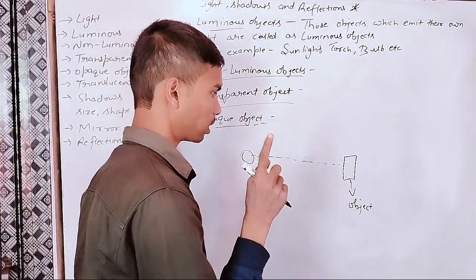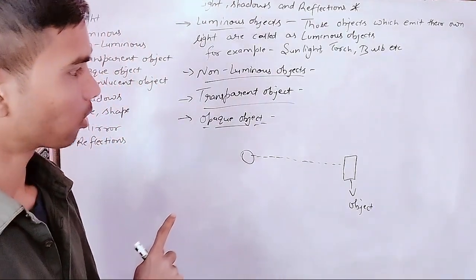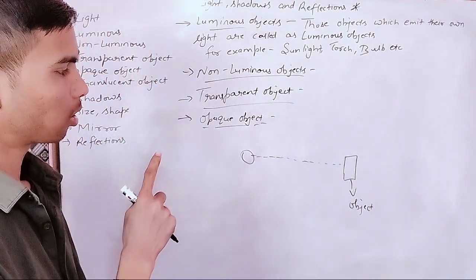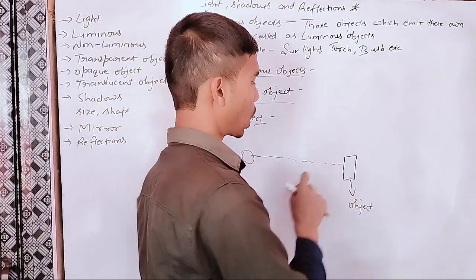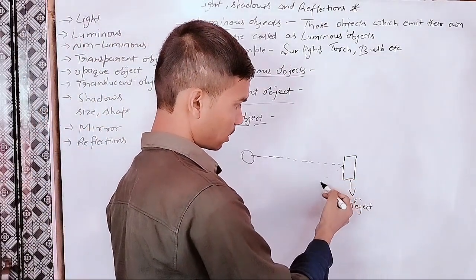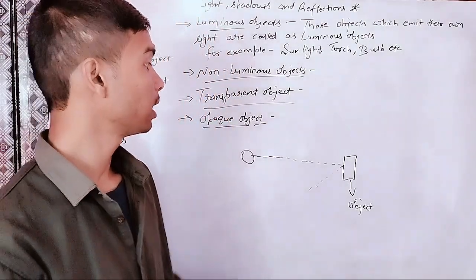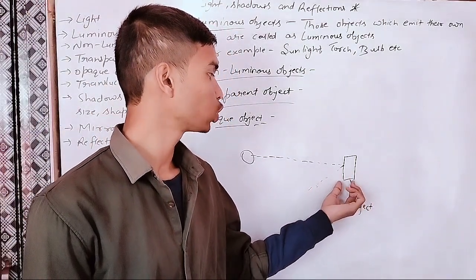Now we are understanding opaque objects. Light coming from the source is falling on the surface of the object. It will get reflected rather than passing through this object.